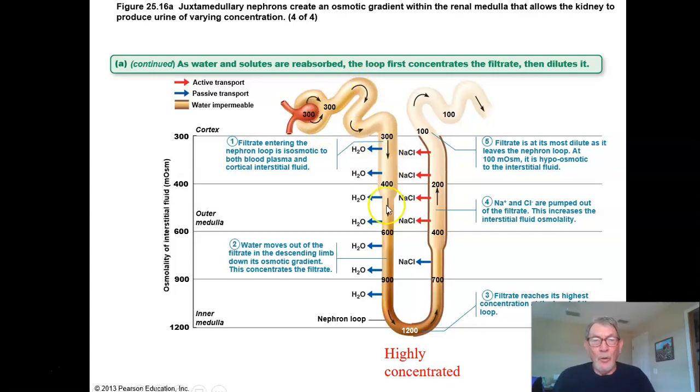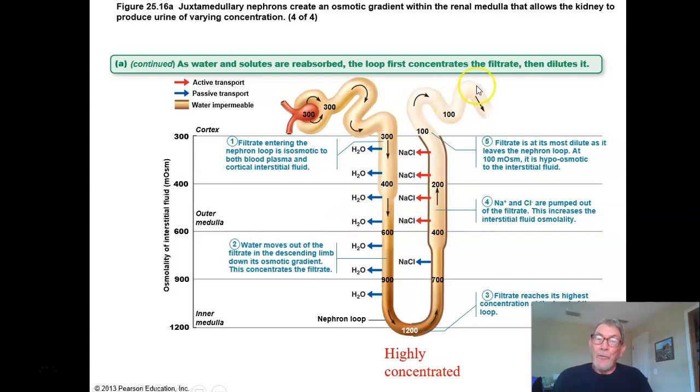But then so much water comes out that by the time you get down here, you're all the way up to 1200 milliosmoles per liter. And then as you go back up, you lose so much electrolytes that you get down all the way to 100. So you have super concentrated and super diluted. It helps you get more water back and more electrolytes back.